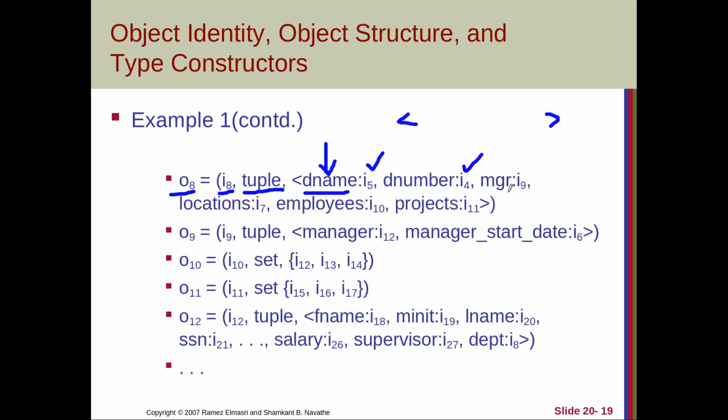Then manager colon I9. I9 is given in the next step. These are the details about the manager, which is again a tuple. So object 8 is an object which is further a tuple. That means its structure is a little more complex, with further attributes and their corresponding identifiers. By using some other objects, this tuple will be formed.